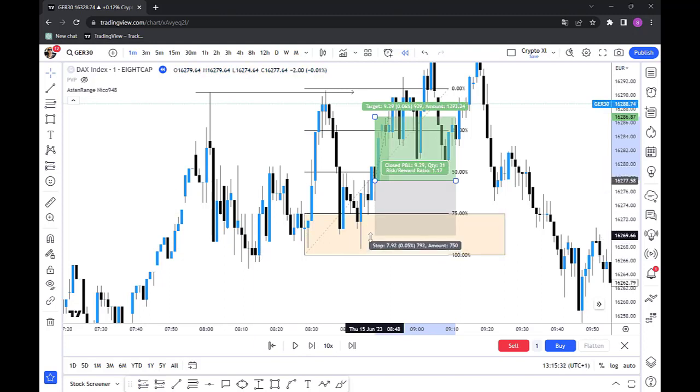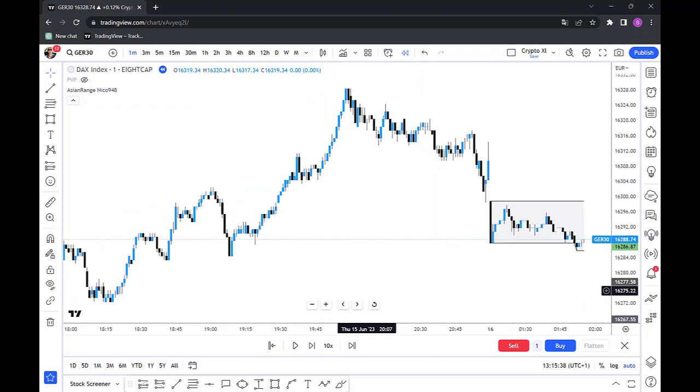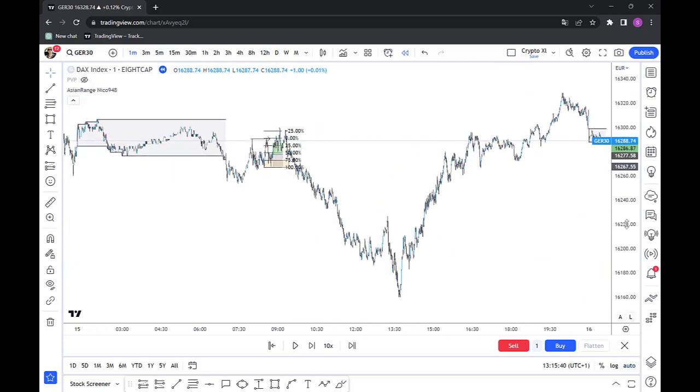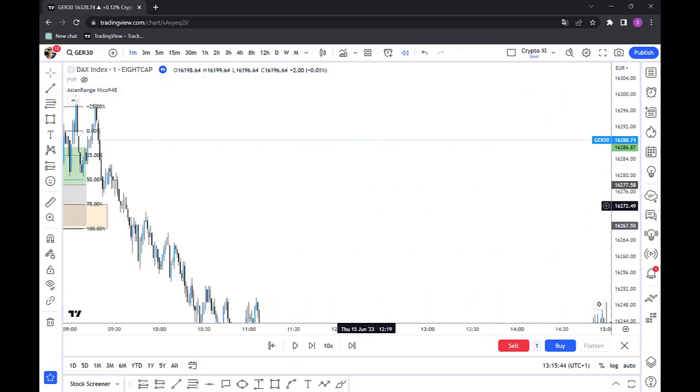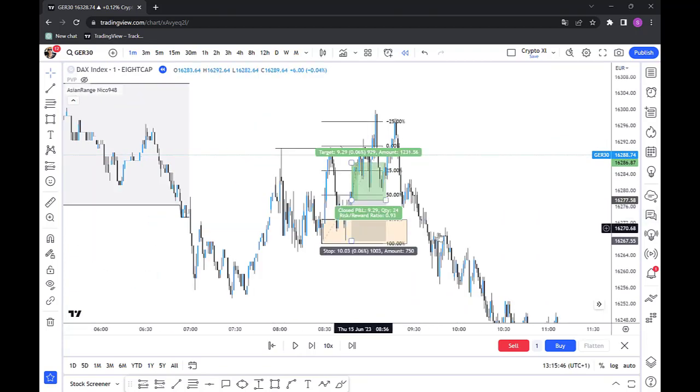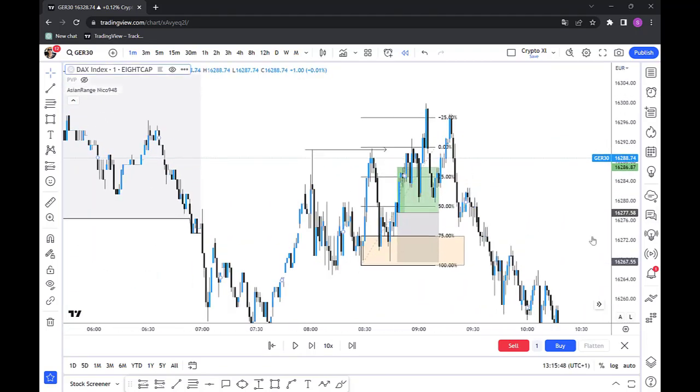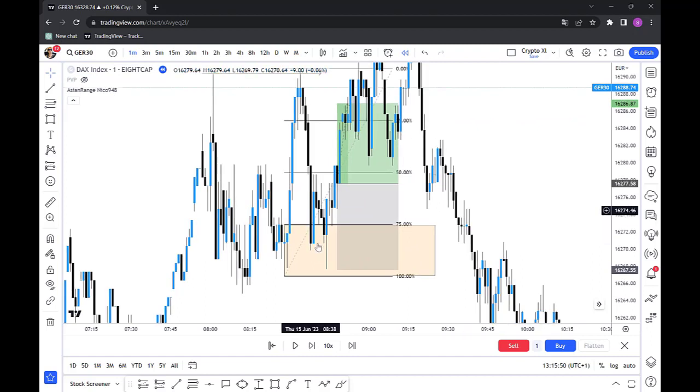You could put the stop loss just below this zone or this zone. I don't suggest you put the stop larger in this way. It's too large as a stop loss. We changed the structure.